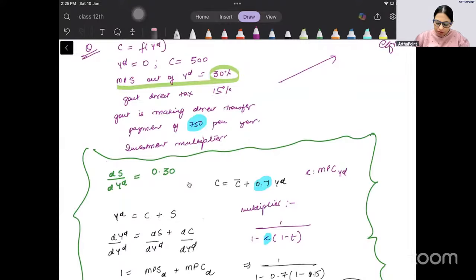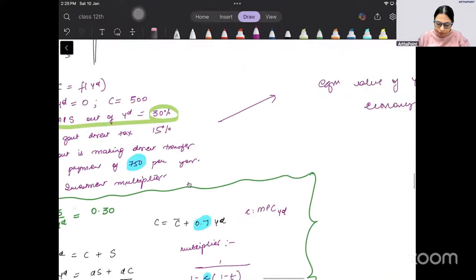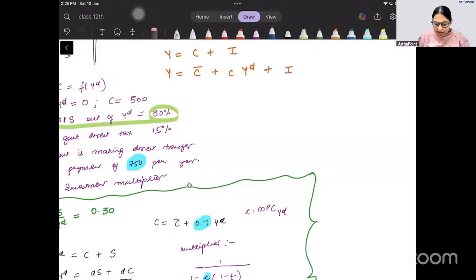Okay, let's see. Y is equal to C plus I. Y is equal to C bar plus small c YD plus I. C bar is 500, plus small c, which I found out as 0.7, times YD, plus investment.